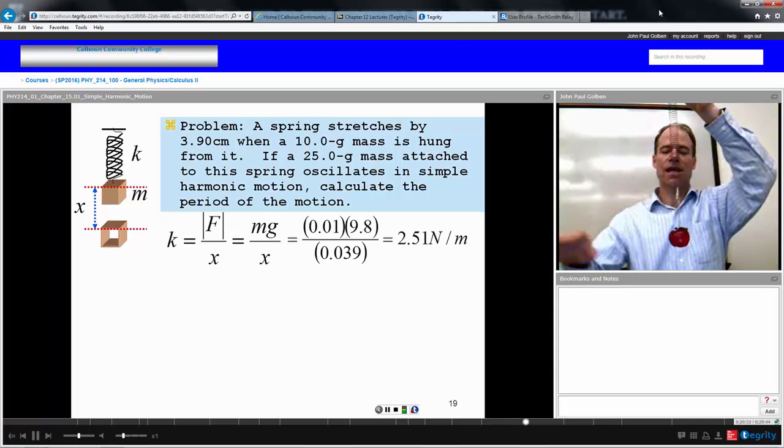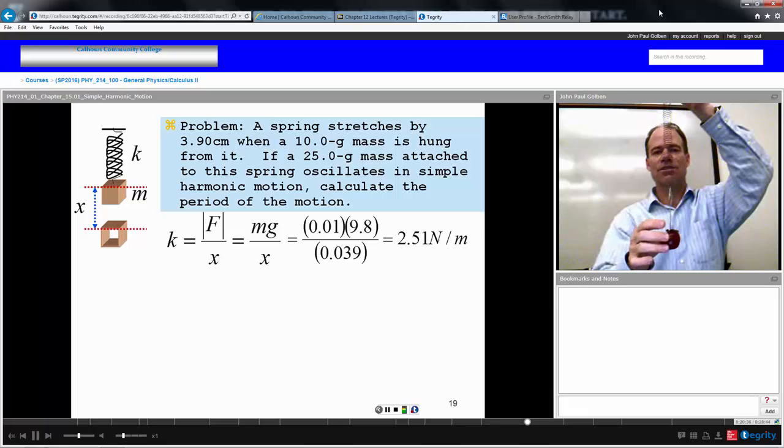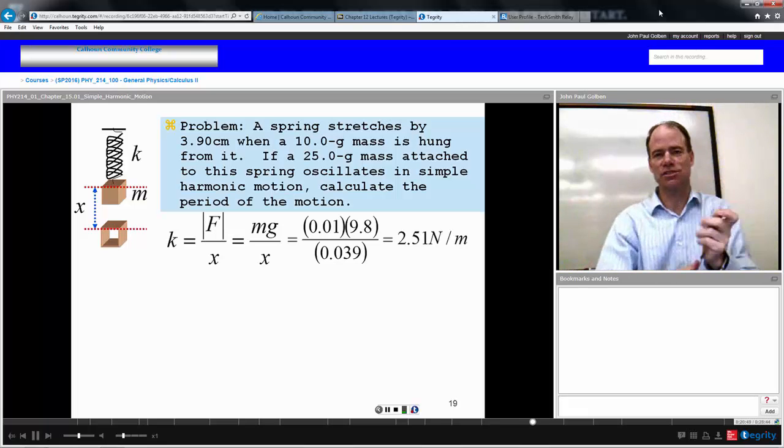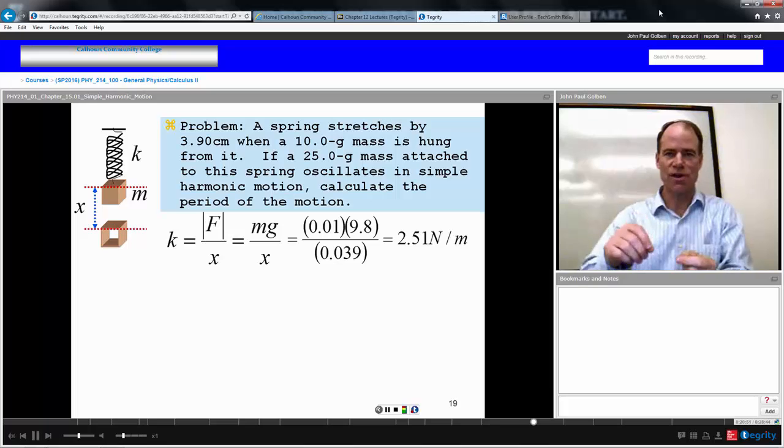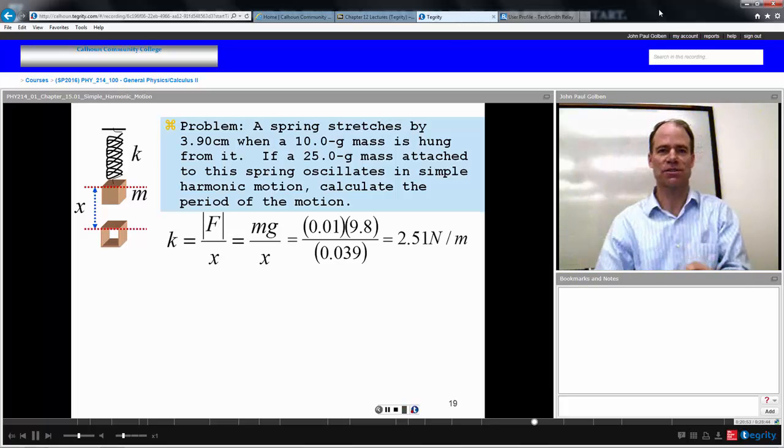So I can establish an equilibrium position at that point, and hence any additional stretch of this spring from that point will be causing a motion only due to the spring force. So gravity is taken out of the equation in this sense because of the initial stretch of the spring. The extra stretch is causing the simple harmonic motion. So that's why we ignored gravity earlier in our derivation.